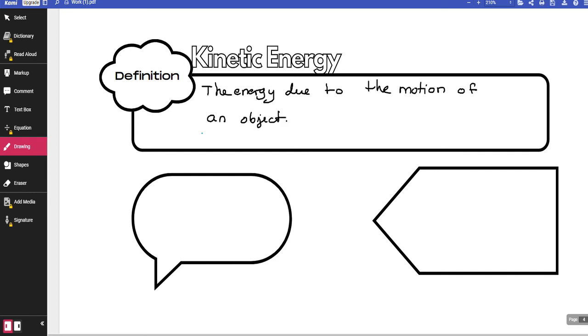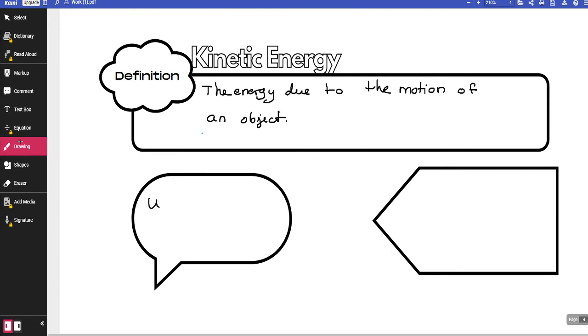If that sounds confusing to you, let's just remember, we've talked a little bit about potential energy. Kinetic energy is like when you're pulling back a bowstring and the arrow releases and gains energy, kinetic energy, energy due to motion.